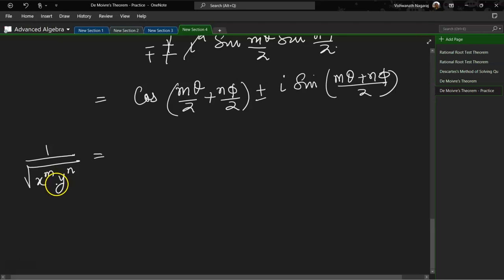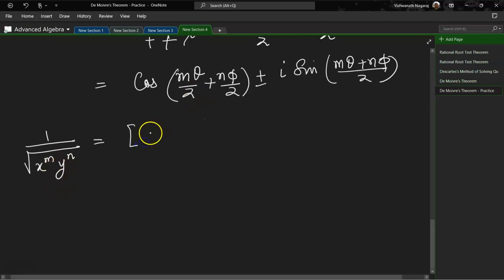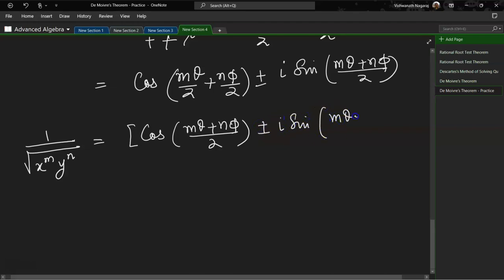Now we already have this. Let's write it like this: cos (m theta plus n phi) by 2 plus or minus i sin (m theta plus n phi) by 2, to the power of minus 1. And we know how to evaluate this.